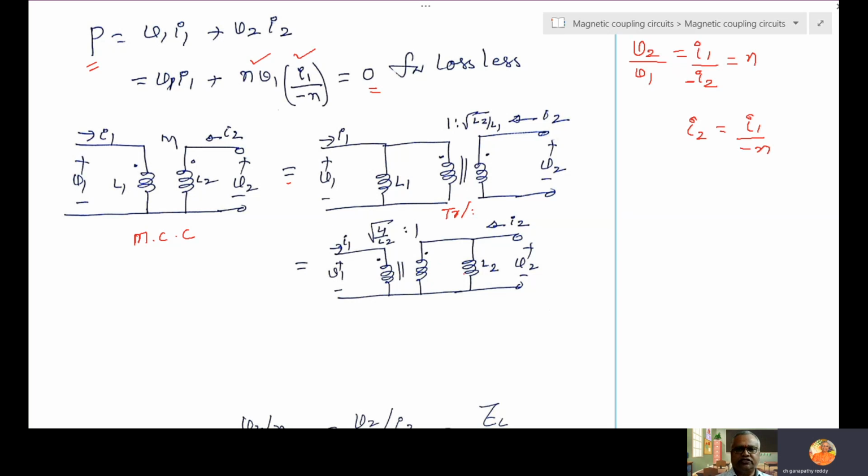Whereas if L2 is taken this side, again a transformer here, root L1 by L2 is to 1. If L1 is on the primary side and L2 on the secondary side, it is root L1 by L2 is to 1. The idea is how we can replace a coupling circuit with a transformer. They are identically equal. With the help of current distribution, if you write mesh equations, both will be the same.